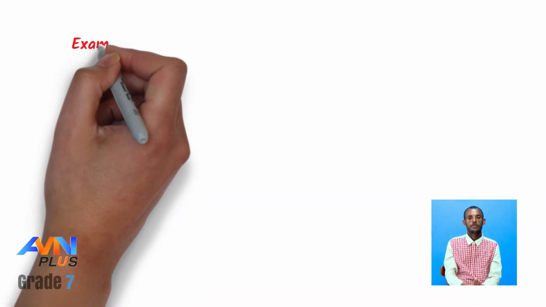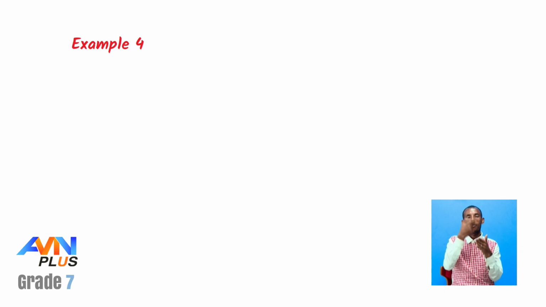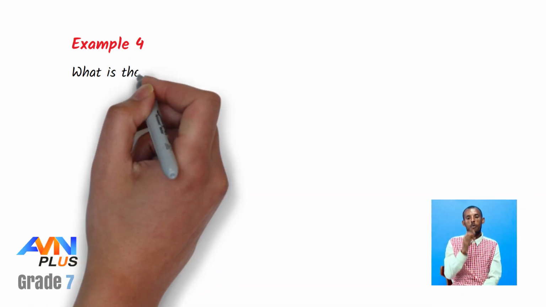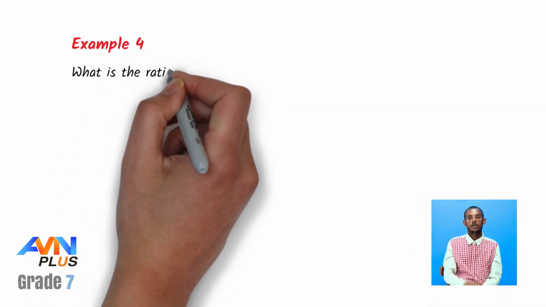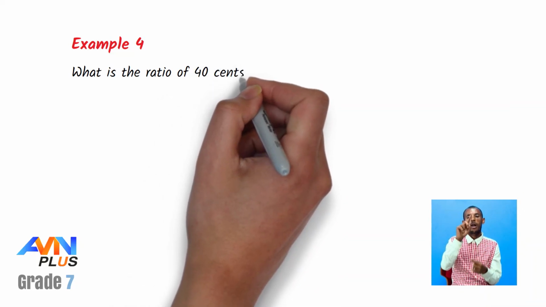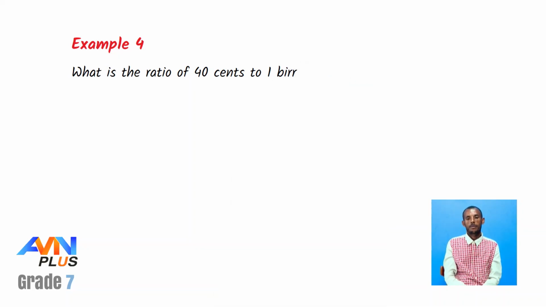This is for you. Example 4. Okay, what is the ratio of 40 cents to 1 birr? What is the ratio of these two? Please try this question. I'll give you 30 seconds for this.